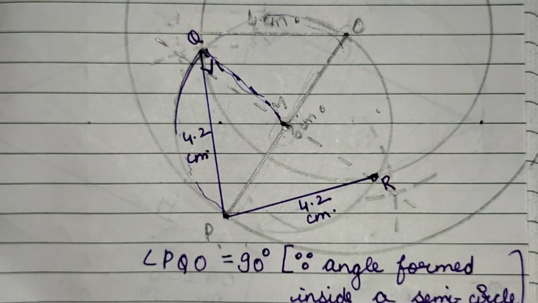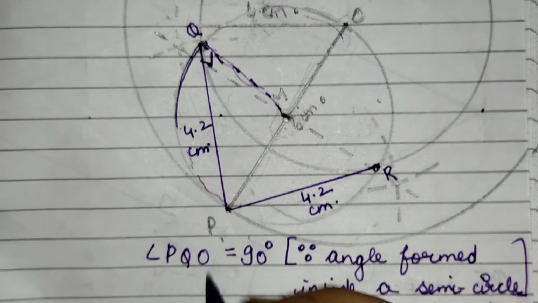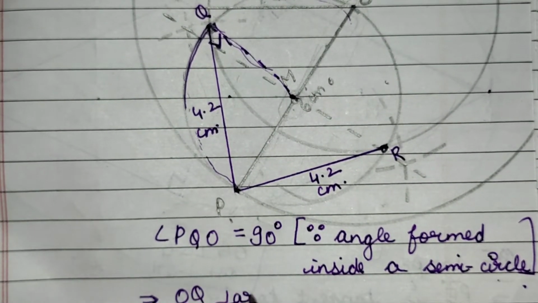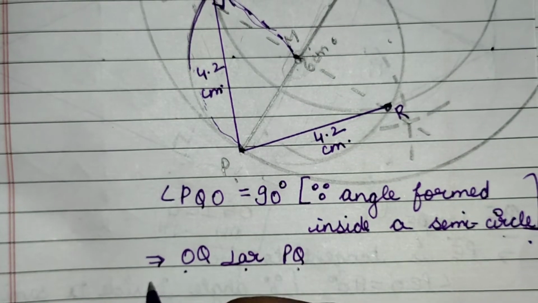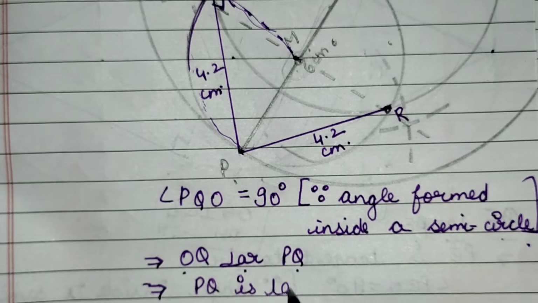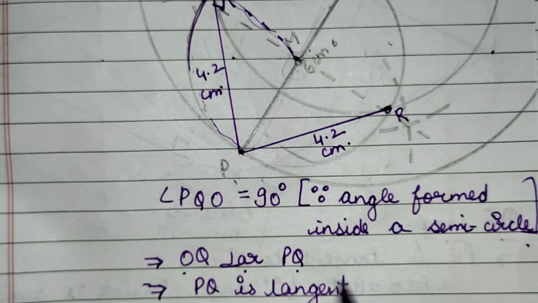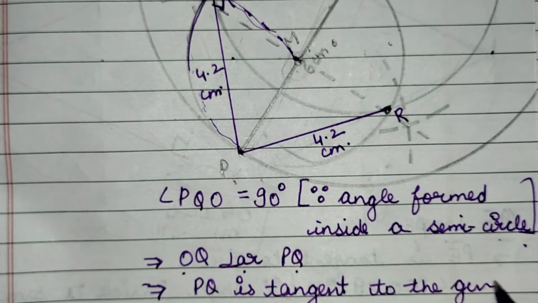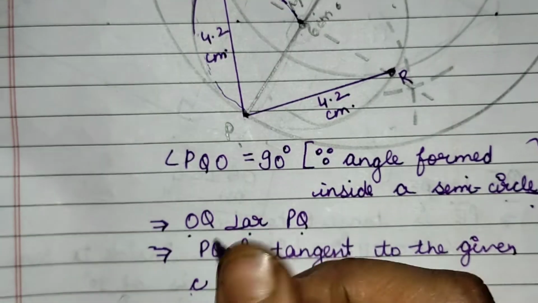So this angle is going to be 90 degrees. That means OQ is perpendicular to PQ. So PQ is tangent to the given circle.